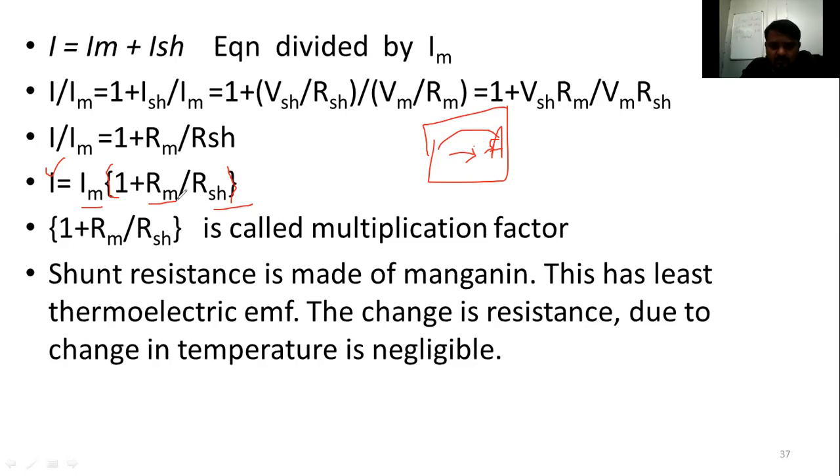Rm is what? Meter resistance. This internal resistance of the measuring instrument is called Rm. Rsh means in parallel with this meter we have added some resistance. This is also a known value. We are adding a low value of resistance.